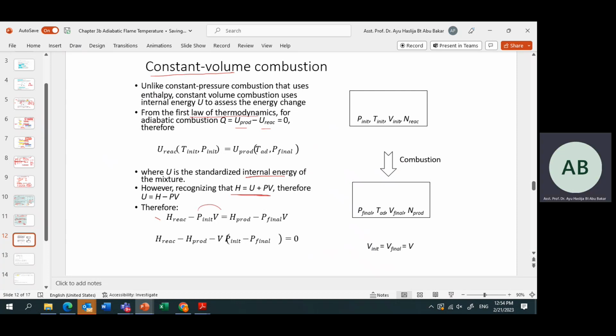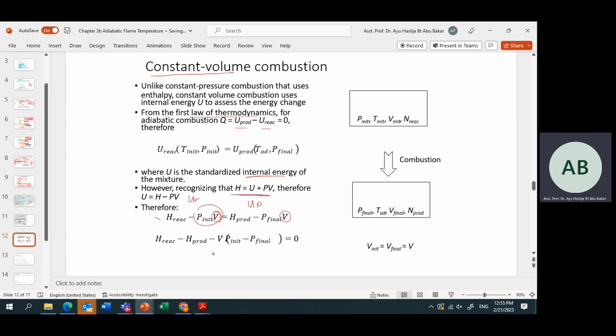PV over here refers back to your PV equals RT equation, the ideal gas. U product minus U reactant. Sorry, this is U reactant, U product. Reactant initial equals product final. Constant volume, so that means the volume here is the same.